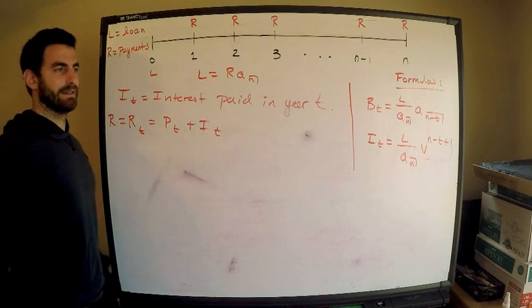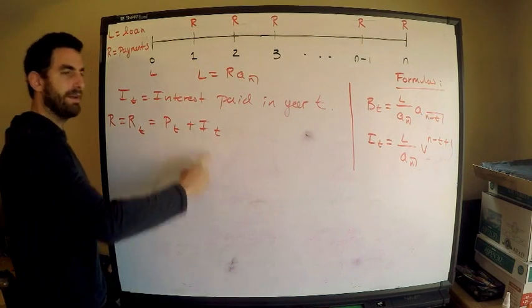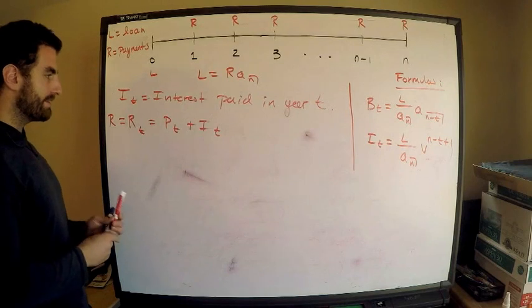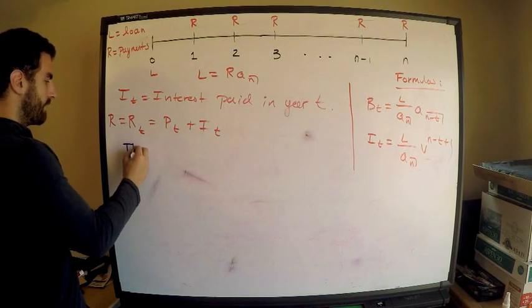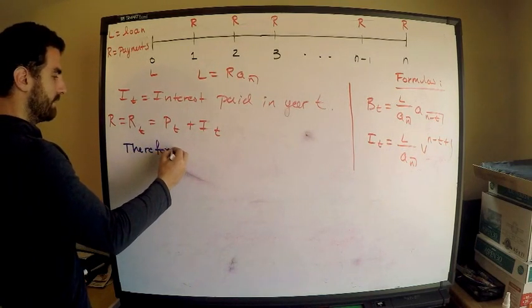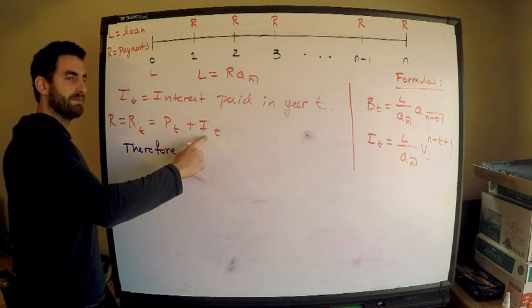Isolate I sub T. This is what I want, the interest paid in year T. So therefore, get I sub T by itself.